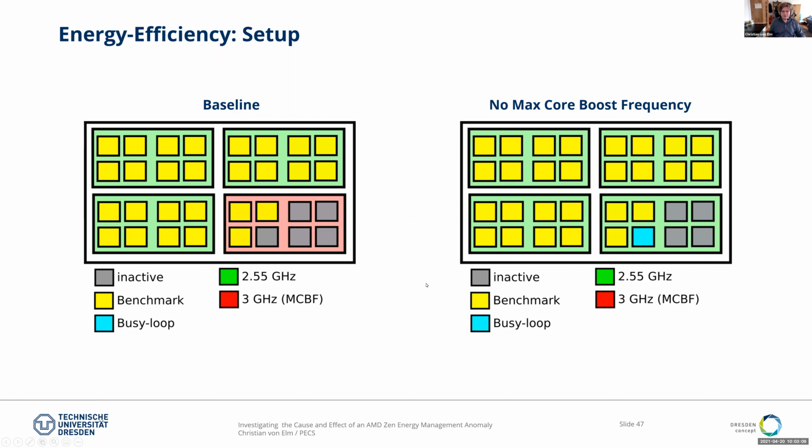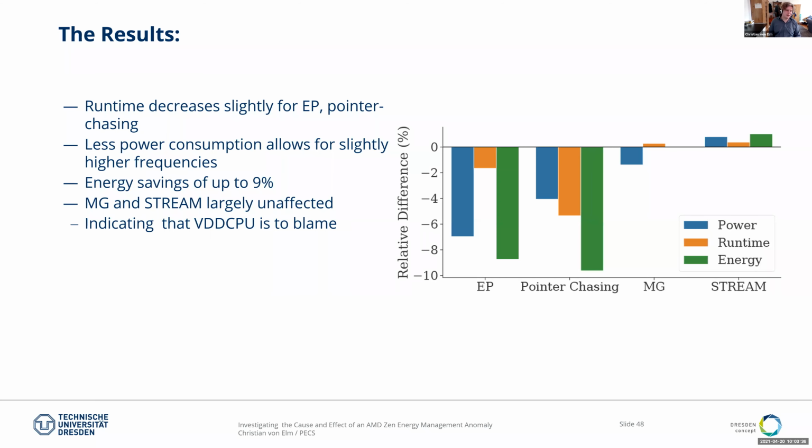And to now get a configuration where no max core boost frequency is possible anymore, there are no limits of 3 gigahertz, just limits of 2.55 gigahertz anymore, we've just put an additional core into a simple busy loop. So now 4 cores are active, and the frequency limit drops to 2.55 gigahertz. So with that setup in mind, the results are as follows.